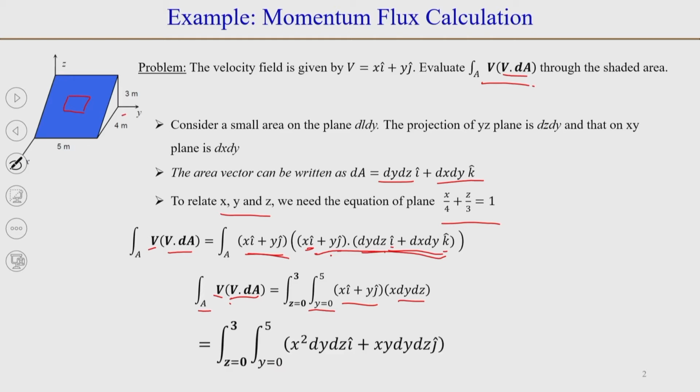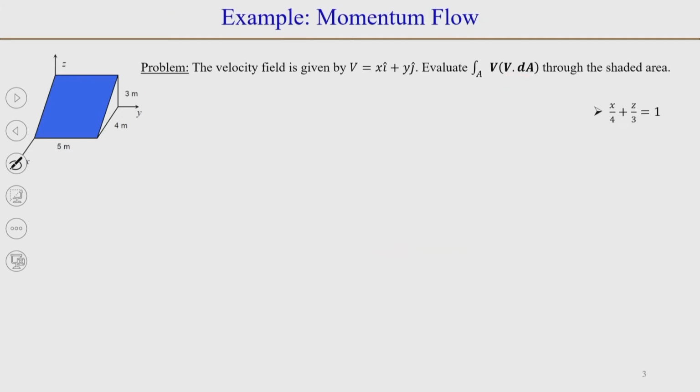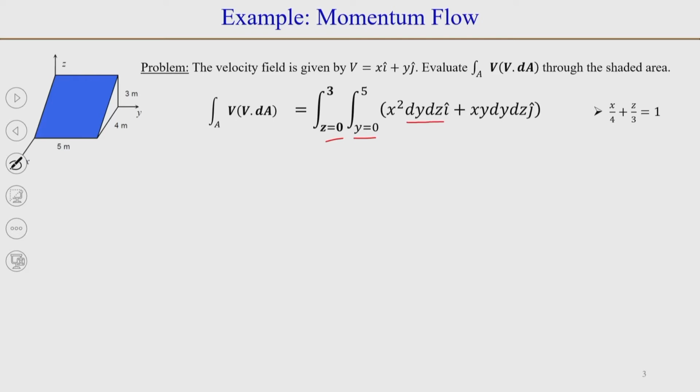So, we can do the integration. We can take this inside: x square dy dz i plus x y dy dz j. Now, when we substitute the values, because we have the limits for y and z and we are doing integration with respect to y and z, this x needs to be written in both places in terms of y and z, and that is where we can use the equation of the plane.